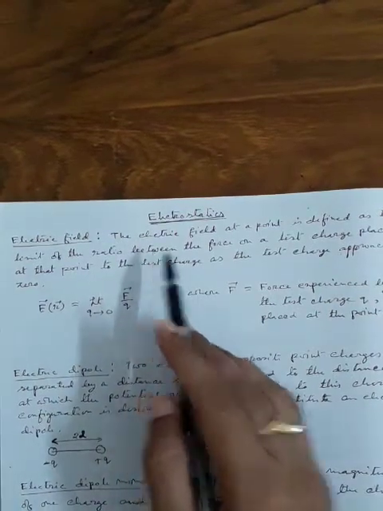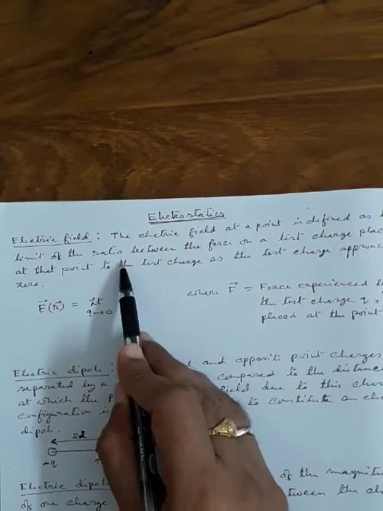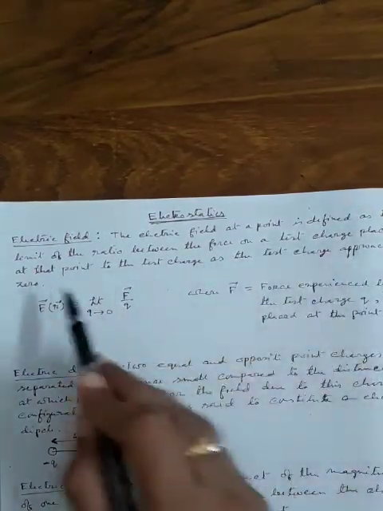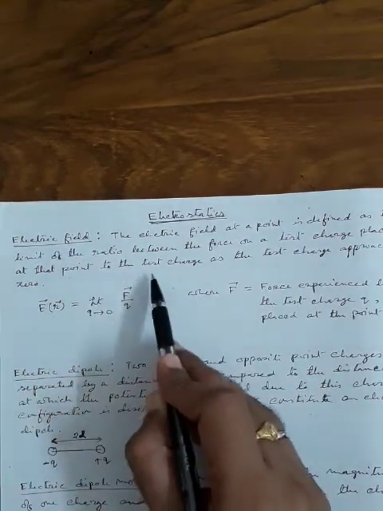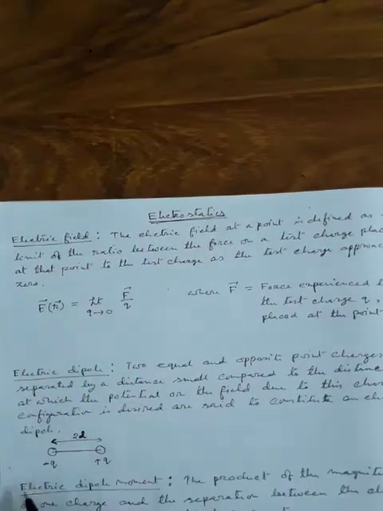Electric field at a point is defined as the limit of the ratio between the force on a test charge placed at that point to the test charge as the test charge approaches zero.